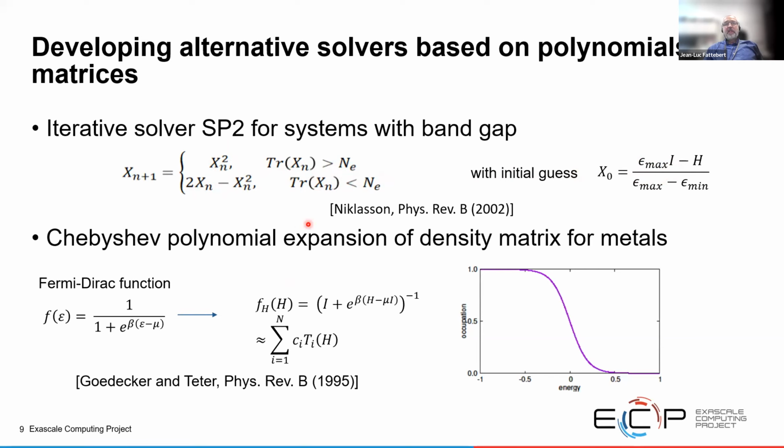If you have a metallic system where you don't have a gap between the eigenvalues you're interested in and the rest of the spectrum, but you have basically a very dense spectrum of eigenvalues near this Fermi level, you can use another algorithm, which is basically trying to represent this function as a Chebyshev polynomial.